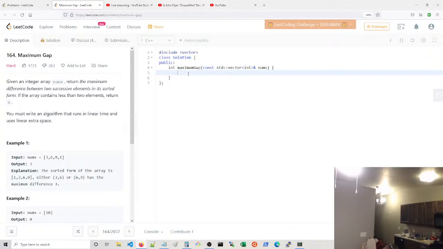Well, maybe you can use a hash set for this. What you could do is take each number and hash to that number the best difference you've seen so far, like an associative array maybe.